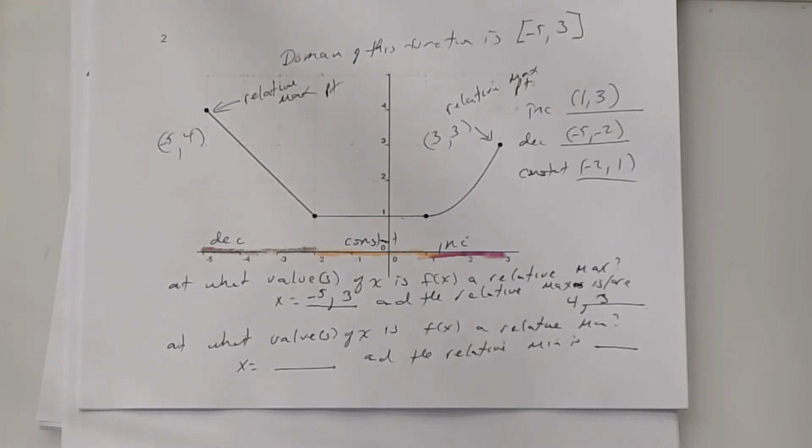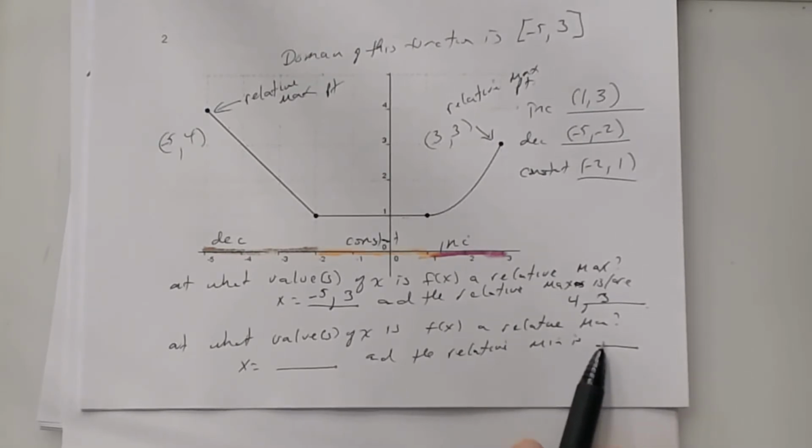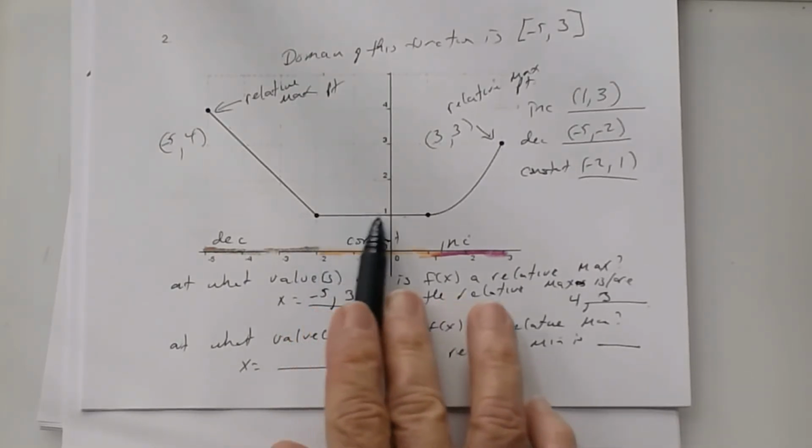At what values of x is f of x a relative min? And then what is that value? Let's talk about the value, the one that goes in this blank right here. What is that y value right here?